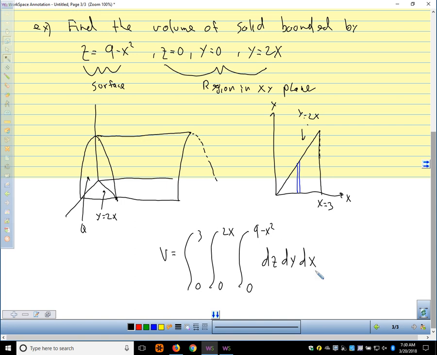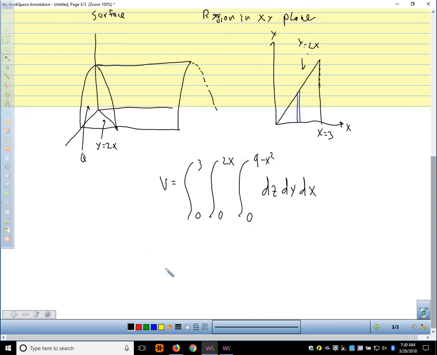What do we get after we evaluate the first integral? Right, we get the integral from 0 to 3, 0 to 2x, of 9 minus x squared, dy dx.